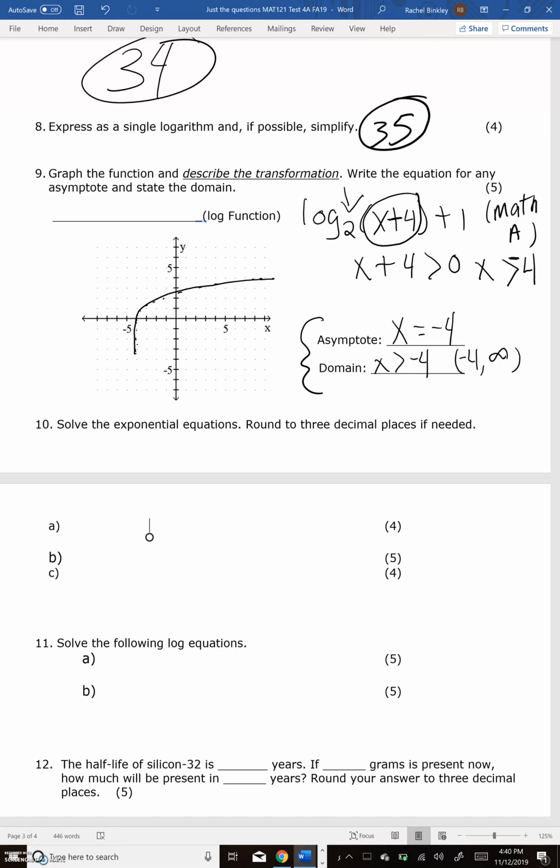So the important part is being able to utilize what is in your parentheses for the log to figure out what will make what's in there always be greater than 0. It's never going to be 0 or less than 0.